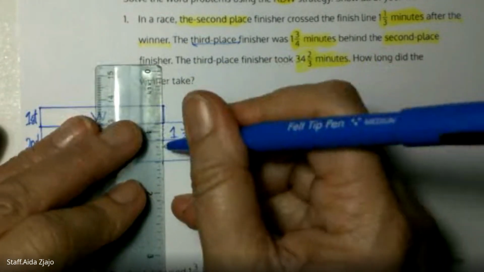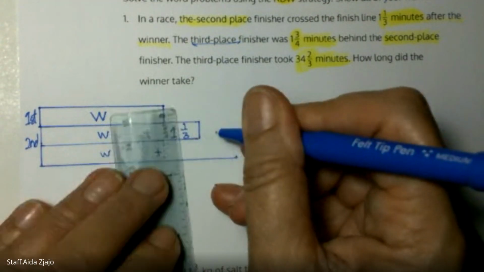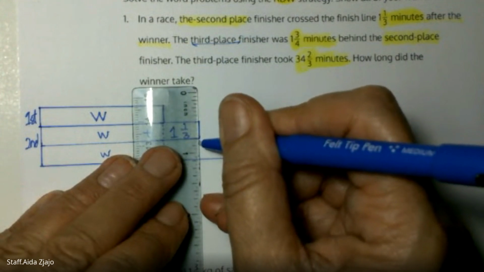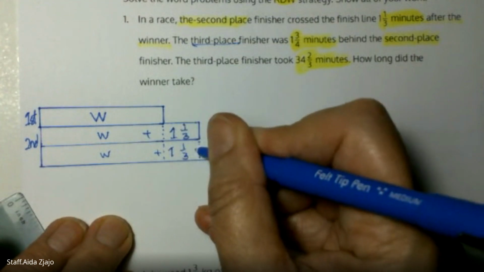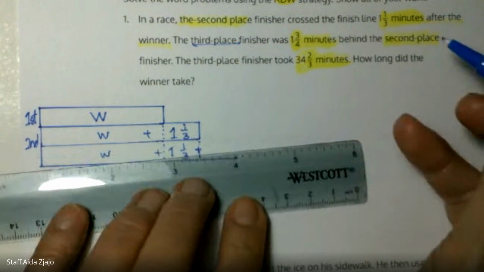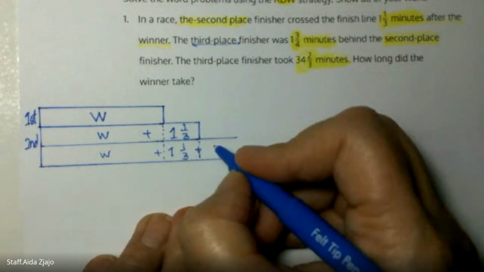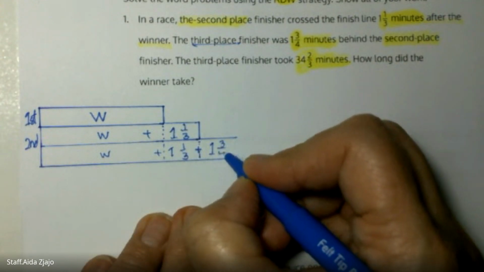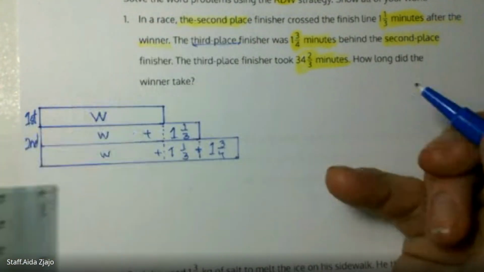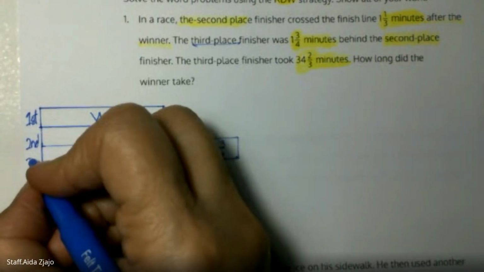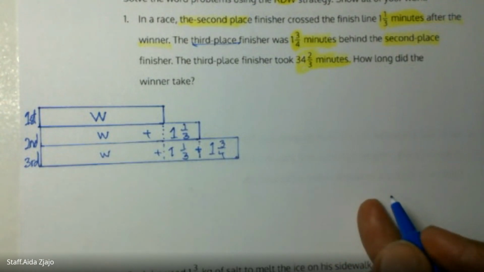It would be the same thing, winner plus the 1 1/3 more than the winner, and then plus the 1 3/4, which is more than the second place, and this should be the third player.